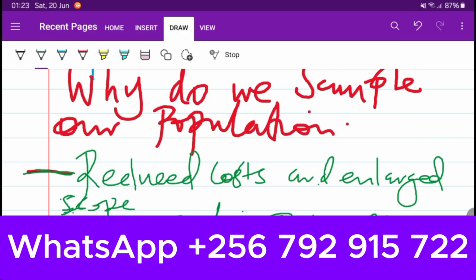For example, if I'm to draw a representative sample from a state, let's say Uganda, it is easier for me to manage and draw small proportions from each city.